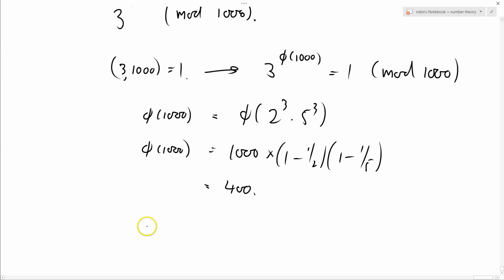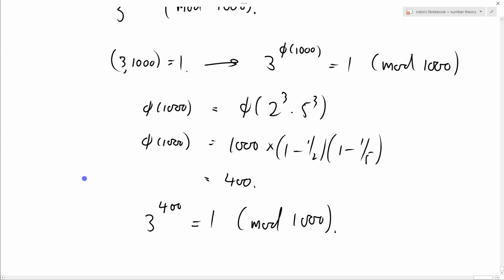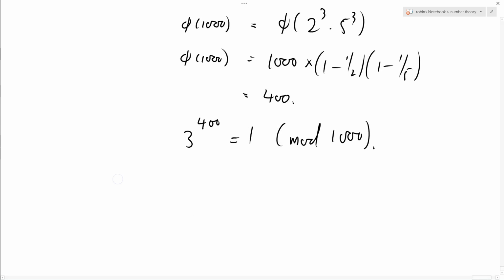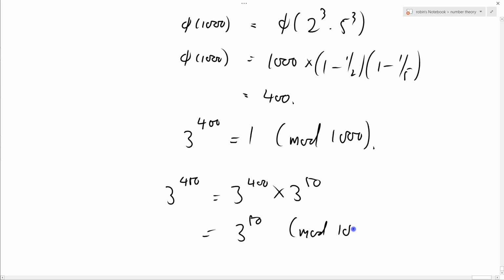So 3 to the power 400 equals 1 modulo 1000. But we need 3 to the power 450, which equals 3 to the power 400 times 3 to the power 50, so 3 to the power 50 modulo 1000. So we need to work out this thing here.